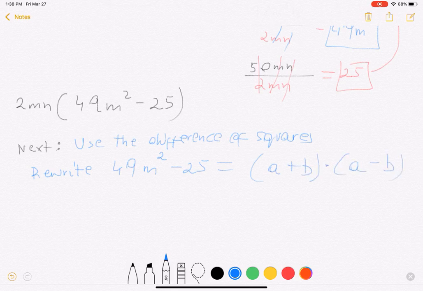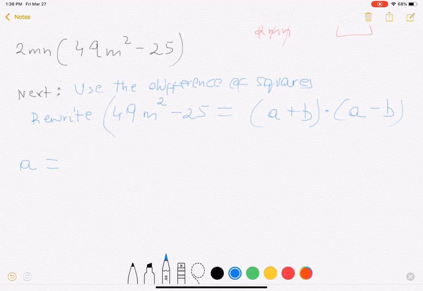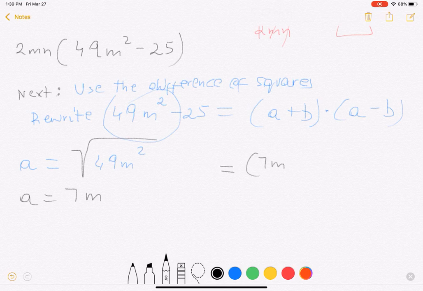Okay, so you need to figure out what a and b are. To get a, take the first expression, which is 49m squared, and undo the second power by taking the square root. So your a will be equal to 7m. The square root of 49 is 7, and the square root of m squared is m. So the difference of squares will be 7m plus something times 7m minus something.